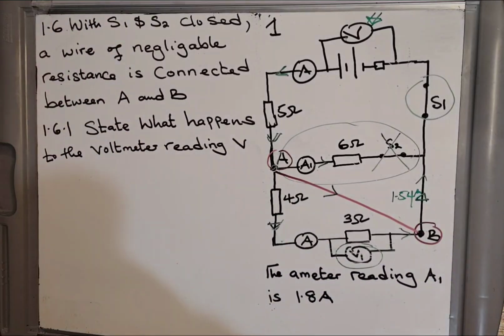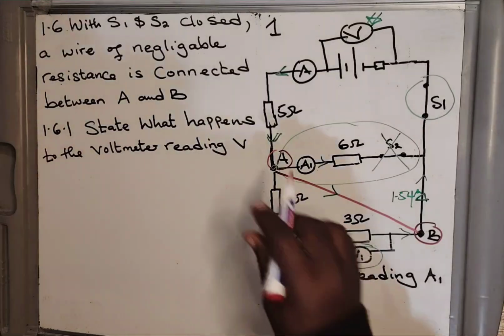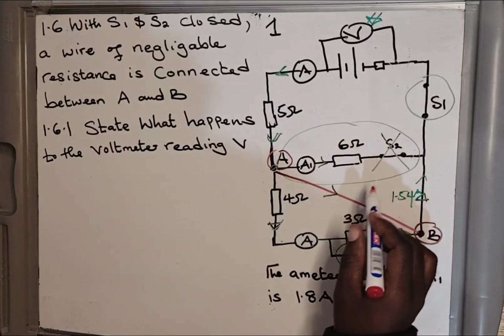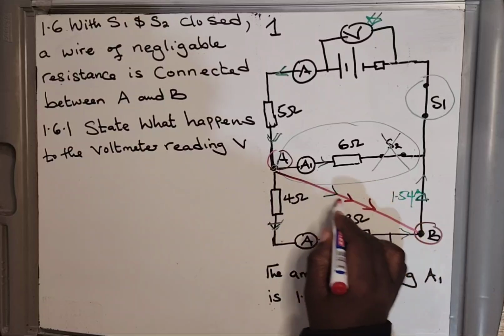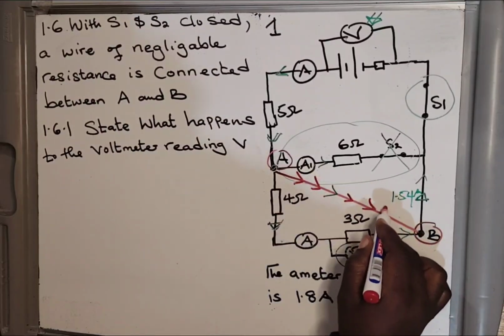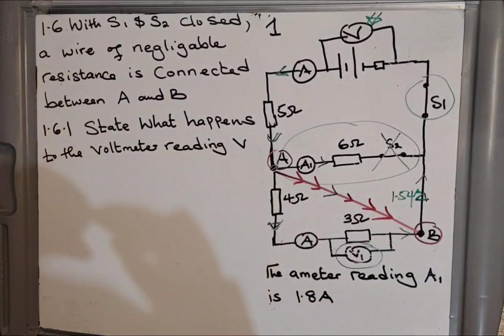Now, this is how the current behaves. When it is faced with a junction where one of the alternatives does not have any resistance, the current is very funny. It avoids all others and it passes through that channel, that connection.